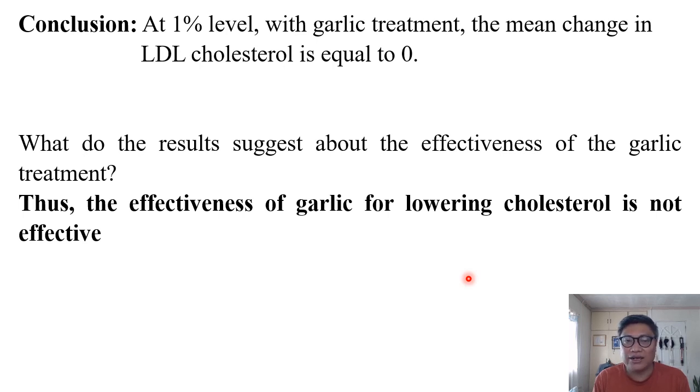Then that's where you can decide whether you are going to reject the null hypothesis or not reject the null hypothesis. When you reject the null hypothesis, class, your conclusion is the statement in the alternative hypothesis. If you did not reject the null hypothesis, your conclusion is the statement in the null hypothesis.